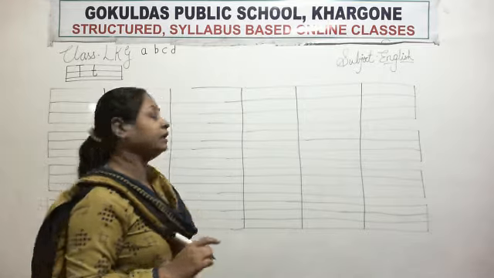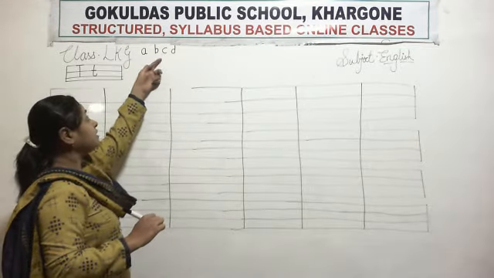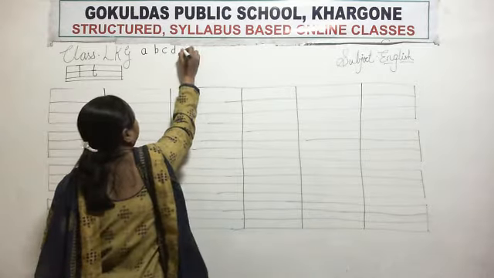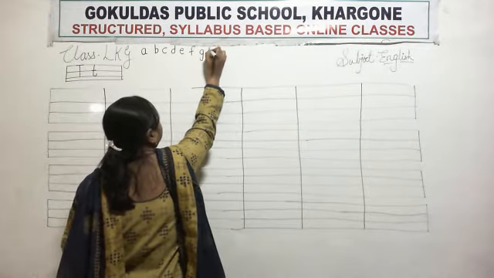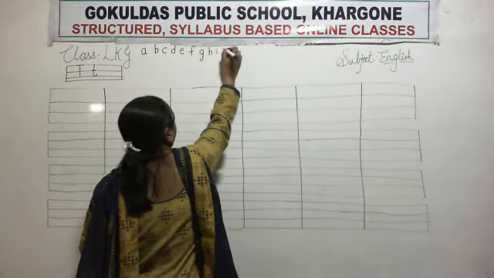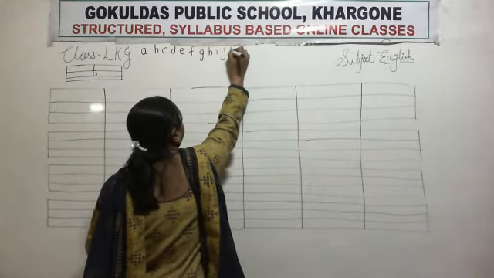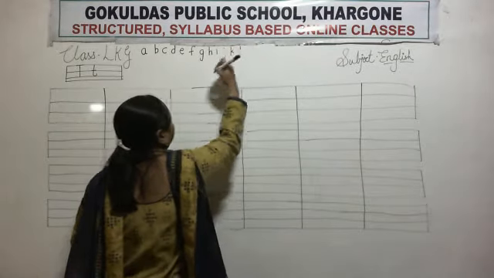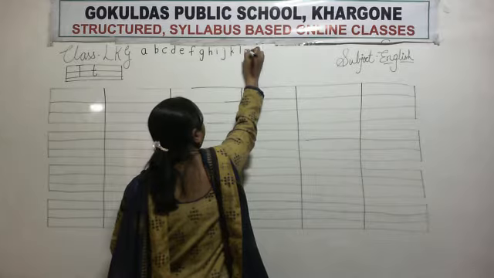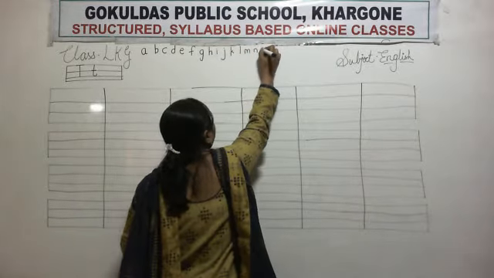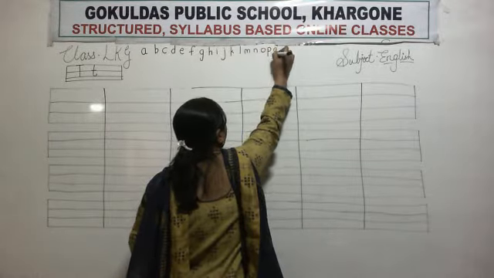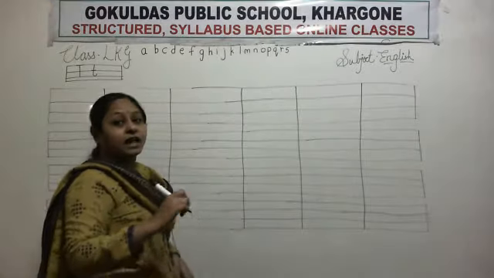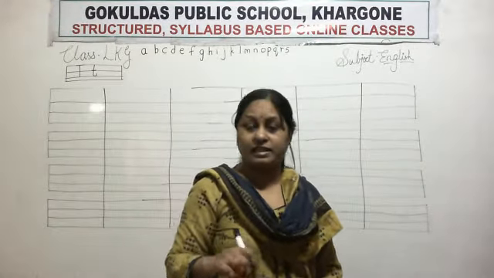A, B, C, D, E, F, G, H, I, J, K, L, M, N, O, P, Q, R, S. Okay, till S we have learned the formation of lowercase letters.